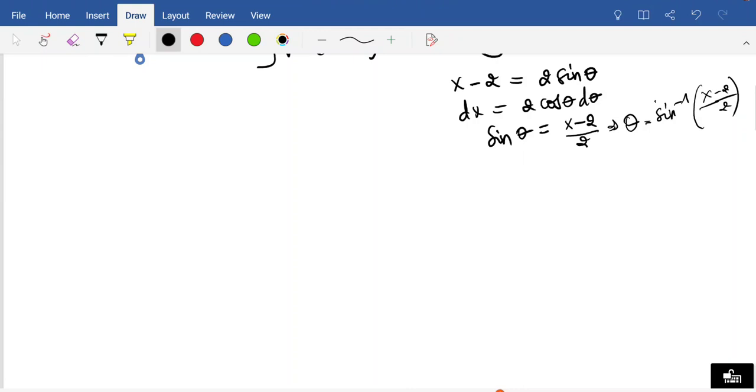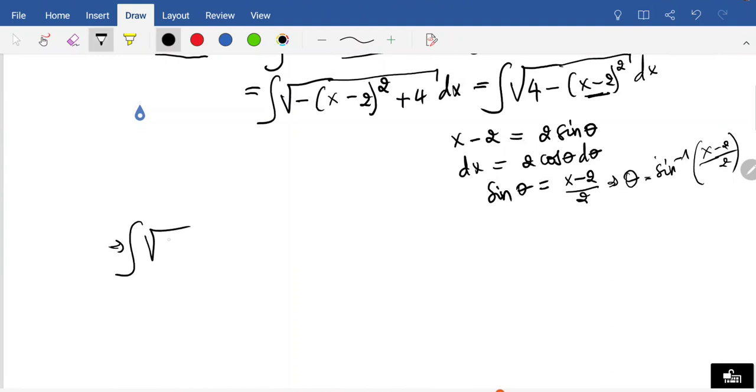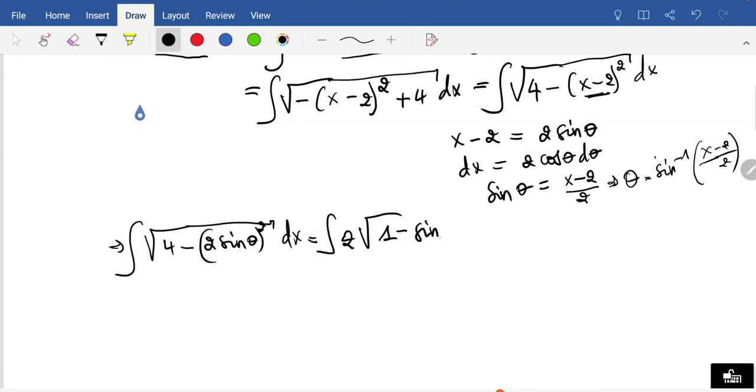We can take it to the problem, and we'll find that this is equivalent to the integral of the square root of 4 minus 2 sine theta all squared dx, which is just equal to the integral of, we know that 4 is a common factor, so we can even take it under the square root sign, and we have 2 multiplied by the square root of 1 minus sine squared theta d theta.